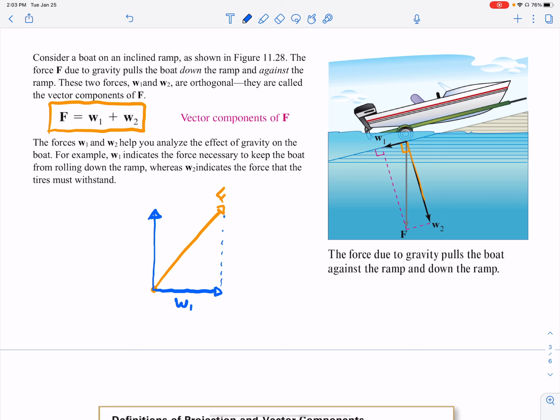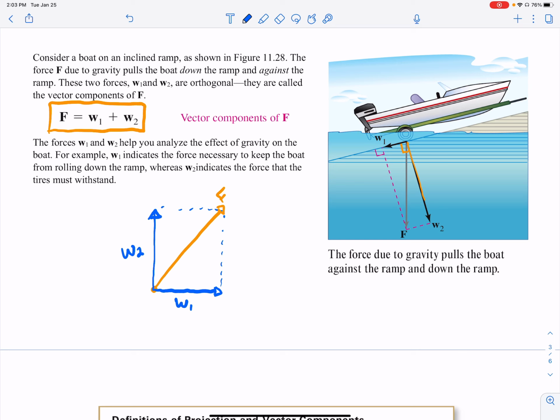All right, we have two different vectors in blue here, and they are the components of F. Notice that W1 is how far we go in the X, and then W2, that vector is how much we go in our Y.